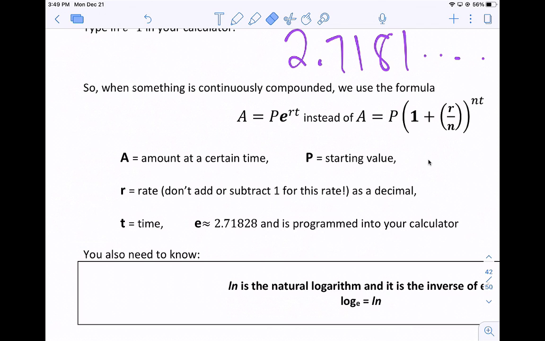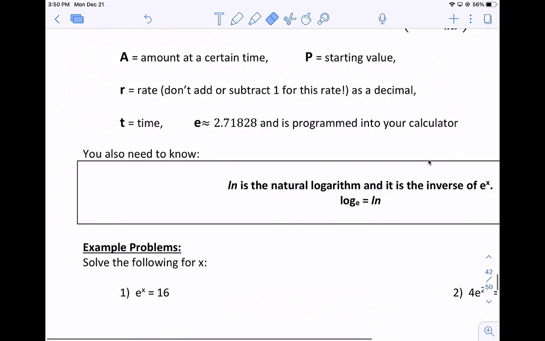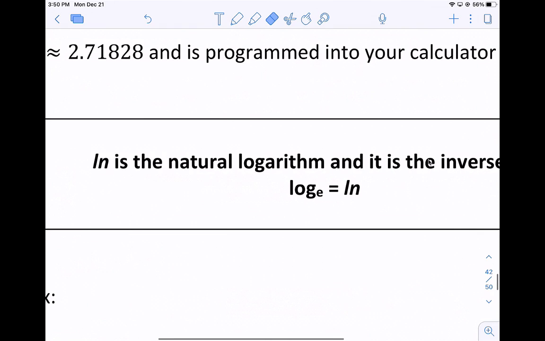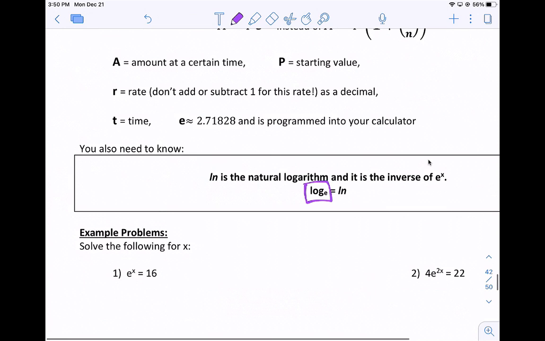A is still the amount at a certain time, P is still the starting value, r is your rate as a decimal, but in Pert you don't add or subtract the 1 for this rate. t is still time, and now we have this new number e, which is programmed in the calculator. And what you need to know is the log base e is ln. So instead of log base e, we're going to use ln to solve. So we'll do some examples with that.